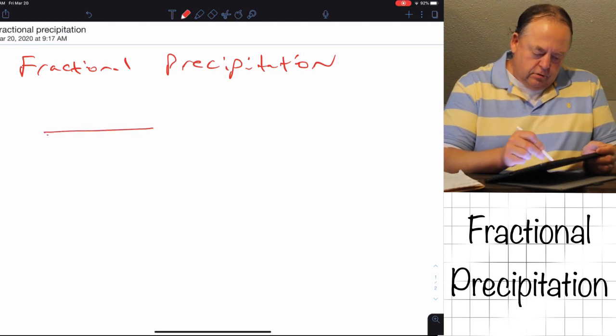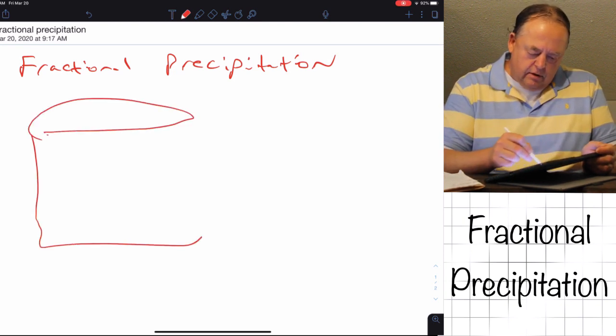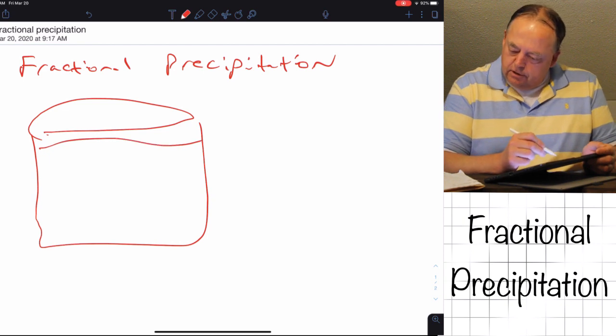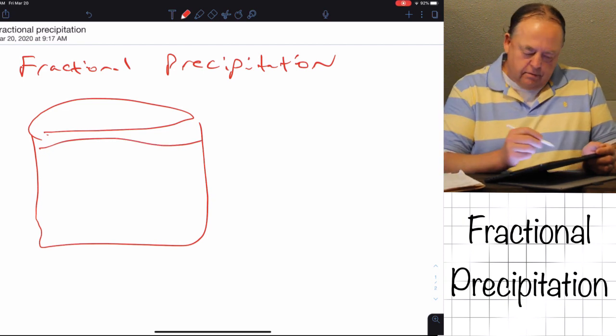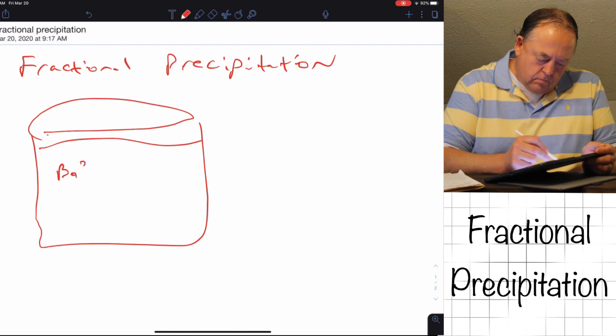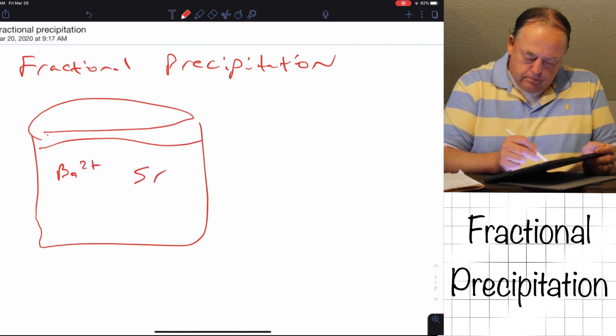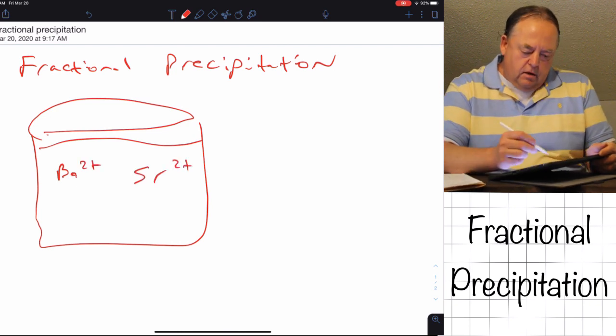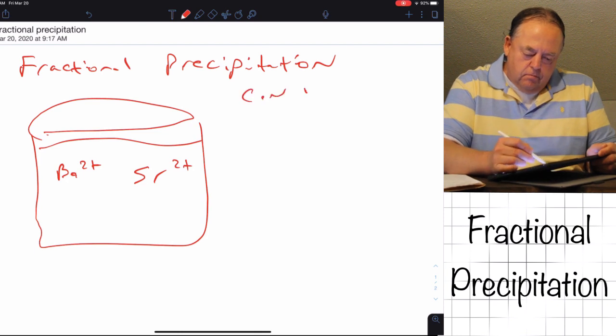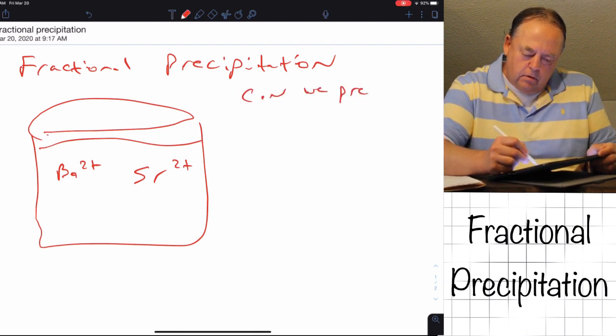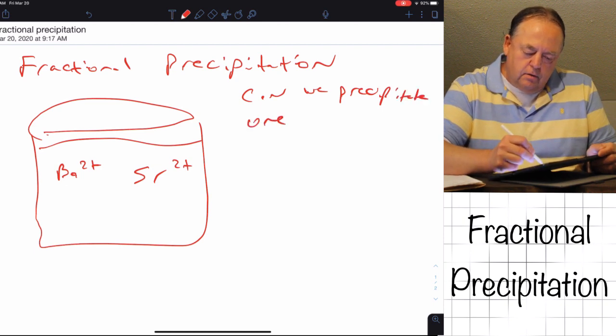So if we had a solution of two cations, say, so let's say we had a solution of barium and strontium, can we precipitate one without precipitating the other?